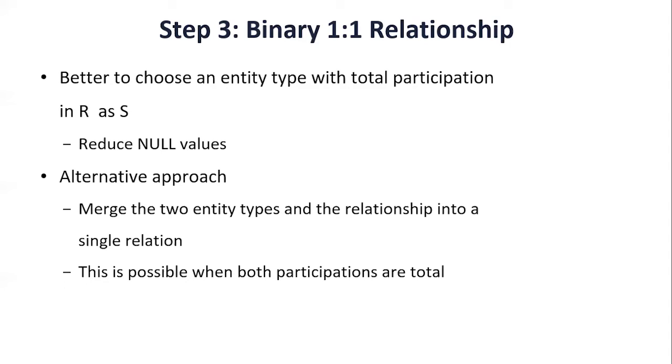So in databases, we don't really like to have null values unless we can't avoid it. So as a good practice, it's better to choose the side with total participation as S.